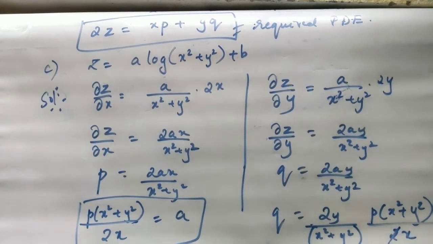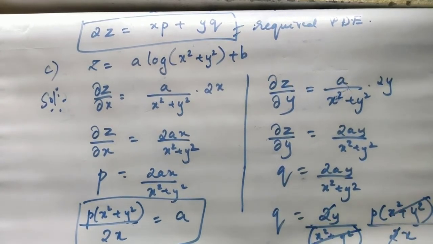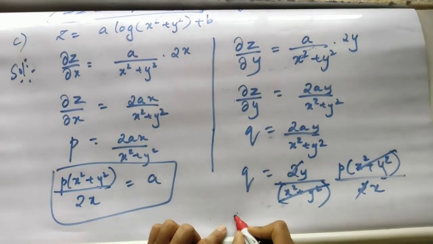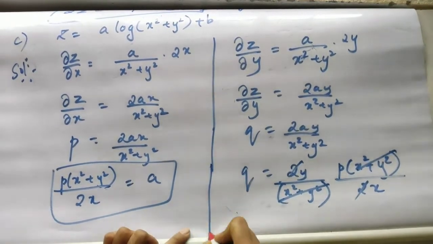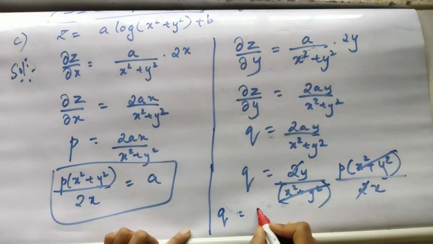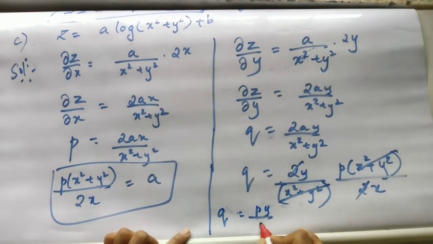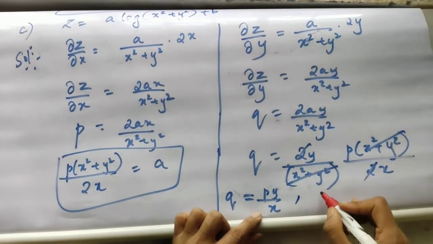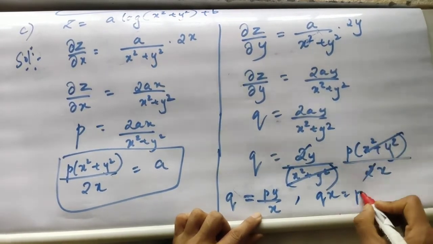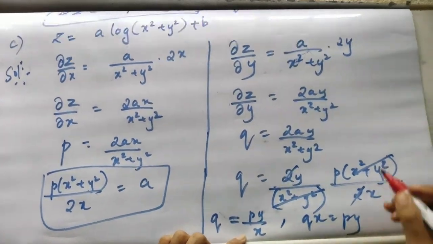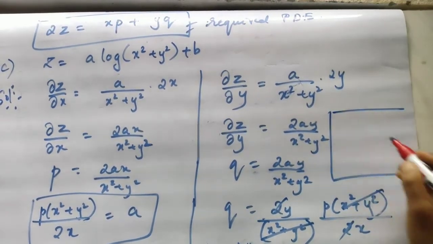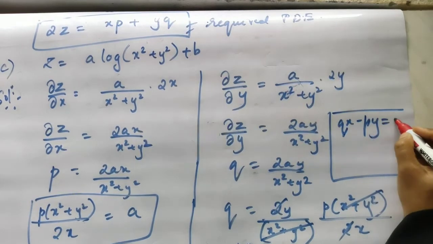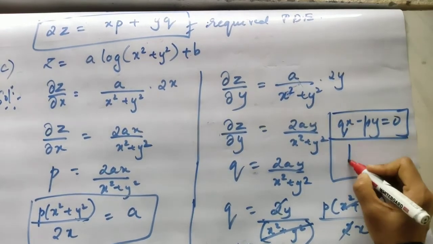Is it not? 2 gets cancelled. The bracket also gets cancelled. Okay, you are getting q is equal to py divided by x. Or if you further simplify this, it will be q into x is equal to p into y, or the final equation I can write qx minus py is equal to 0. This is the required PDE.